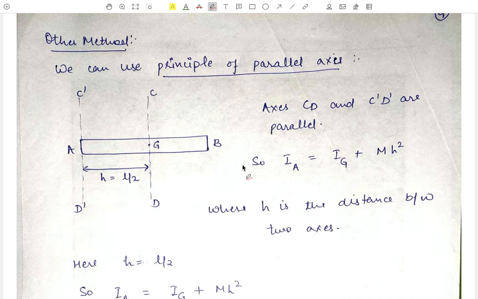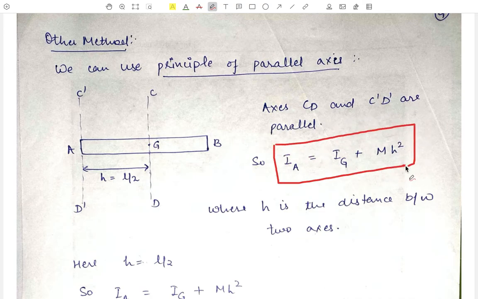Therefore we can find the moment of inertia of the rod about axis C'D', that is IA, using this formula: IA is equal to IG plus mh squared. M is the mass of the rod, and h is the distance between these two parallel axes. Here h is equal to half the length of the rod, that is L by 2. Using these values in this equation, we can find the value of IA.